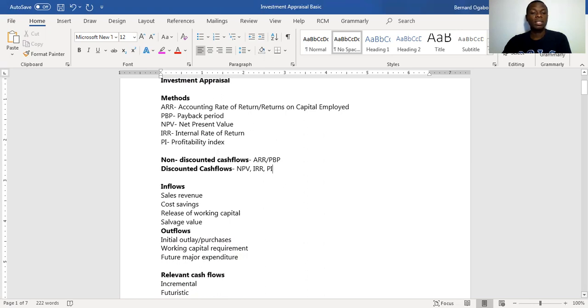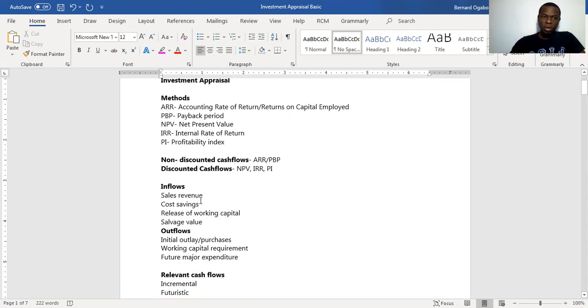But I want to start looking at the components of cash inflows. If you were given an examination question, for instance, what would be the items that will constitute your cash inflows? You could be told that these are the cash inflows at once without mentioning individual items.